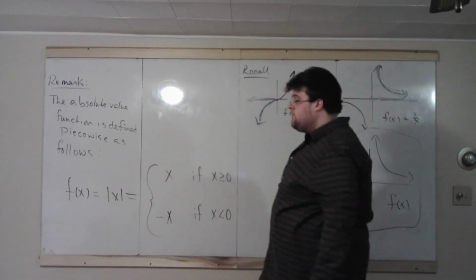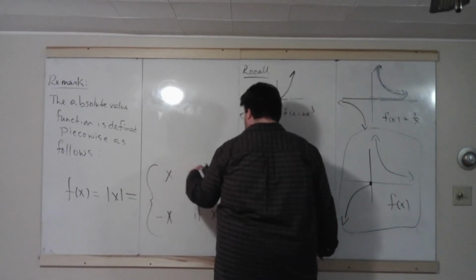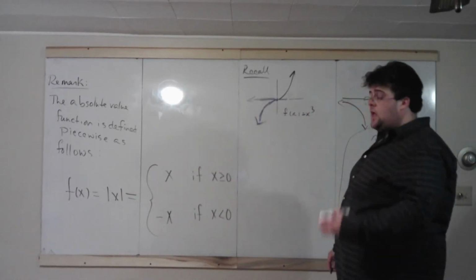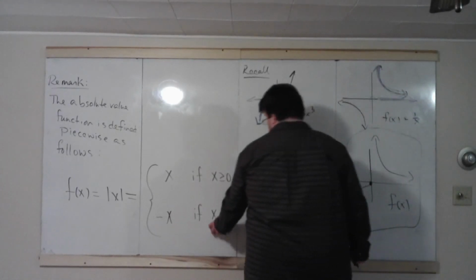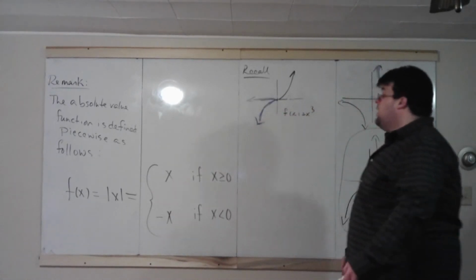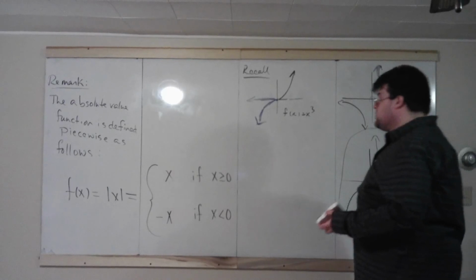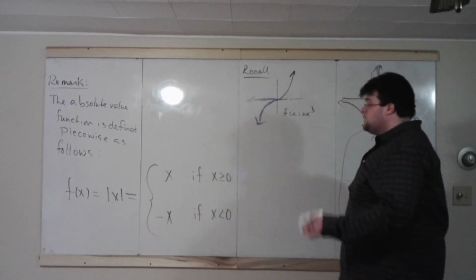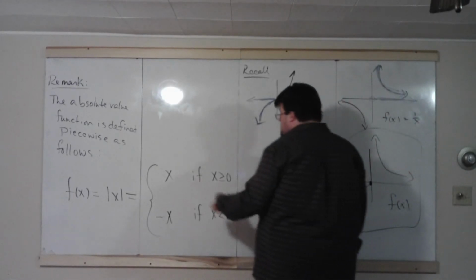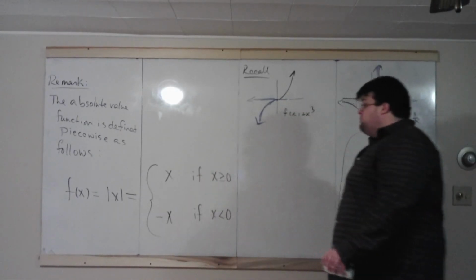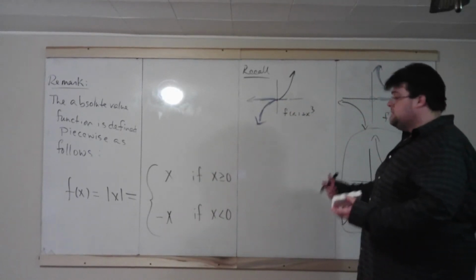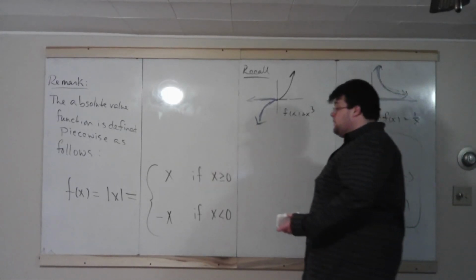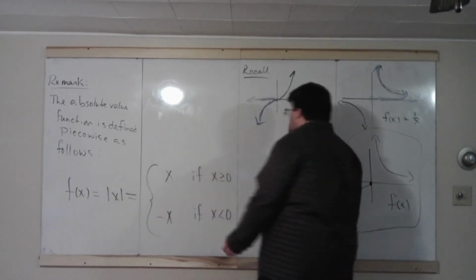The absolute value of x equals x if x is greater than or equal to 0, and it equals negative x if x is less than 0. So, if you've seen our discussion on lines from Wednesday, it is defined as two lines, and you can piece together the graph of these two lines. But it is defined piecewise. This is the formal definition of the absolute value function.